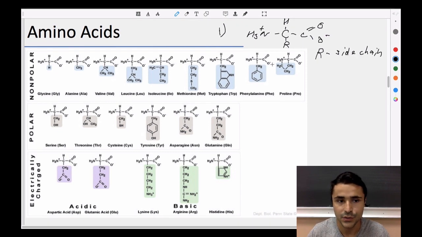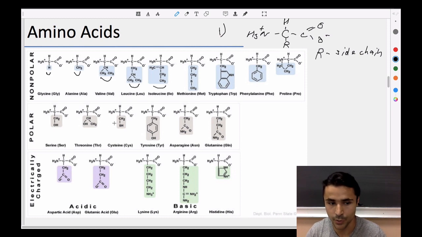Now the categories you see here, we categorize the amino acids only based on their side chains, okay? So if you look at the non-polar amino acids, you'll see that the reason they're non-polar is because of their hydrophobic or non-polar side chains. And same thing goes for polar amino acids, which means that their side chains are polar, and the ones for electrically charged.